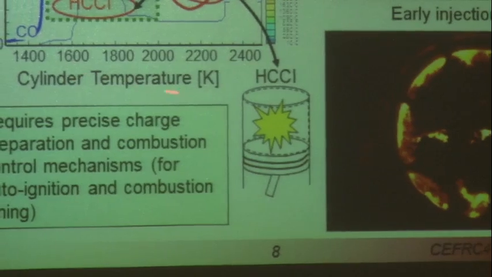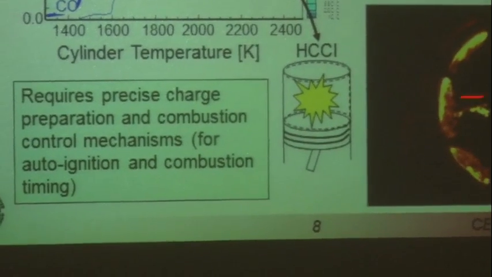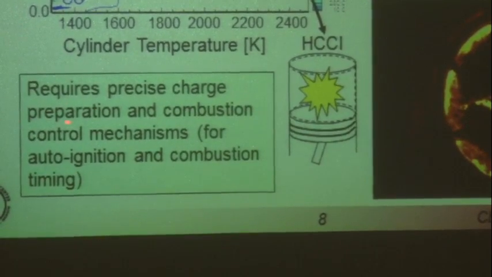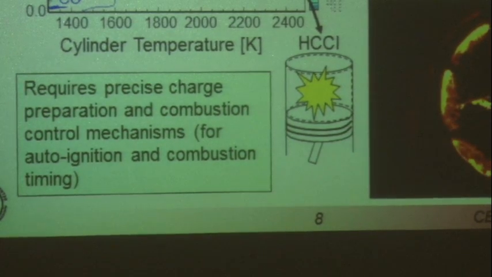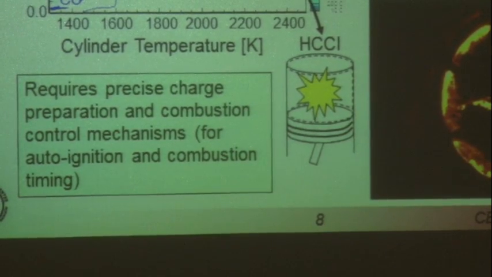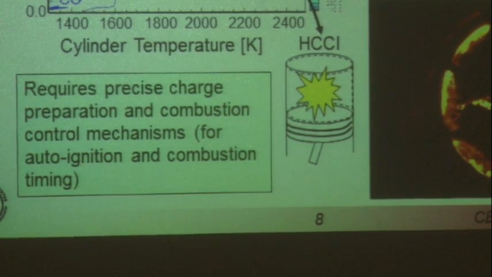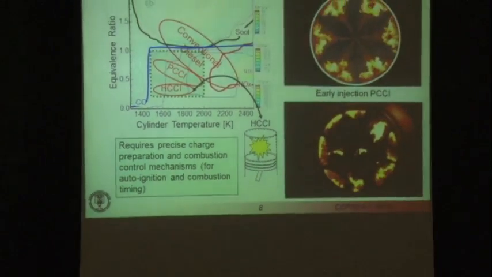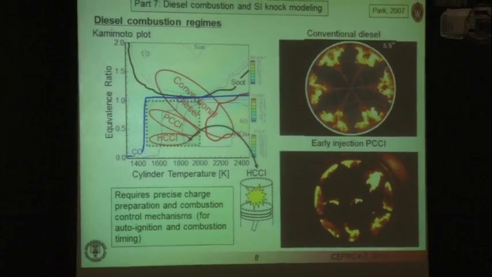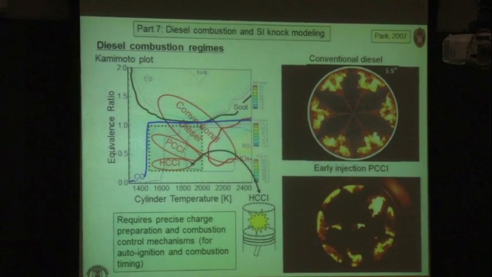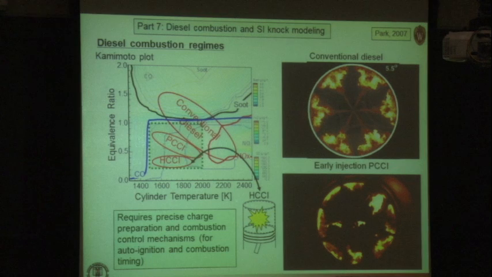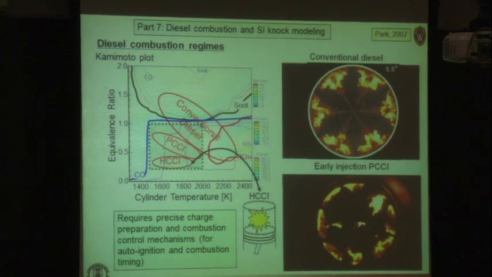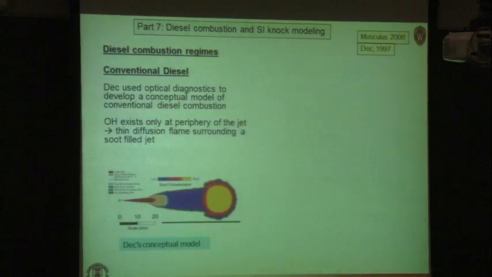Of course, you can create a homogeneous charge by injecting very, very early, but the problem is that you need precise control over the charge preparation in order to ensure that ignition occurs at the right time in the combustion cycle. So that makes HCCI difficult to control, even though you're able to operate over a range that produces very little in the way of NOx and soot. So PCCI is of great interest because it provides more control.